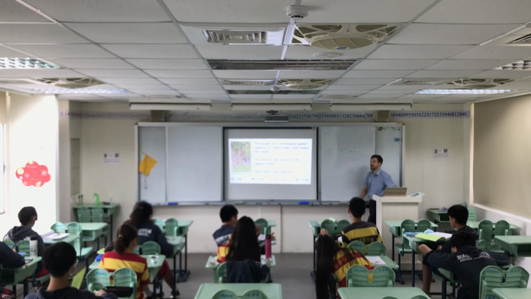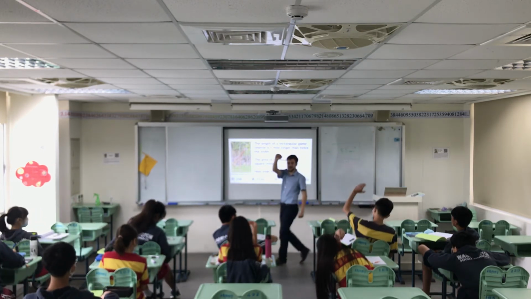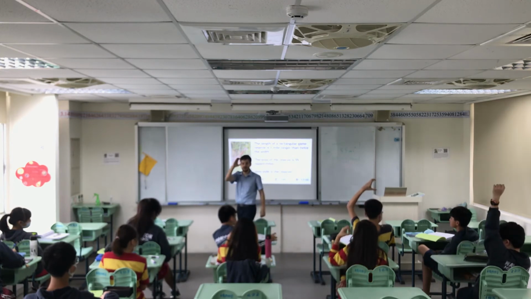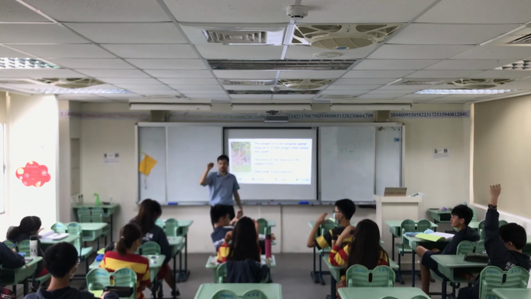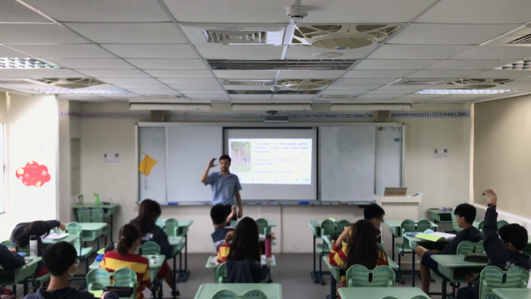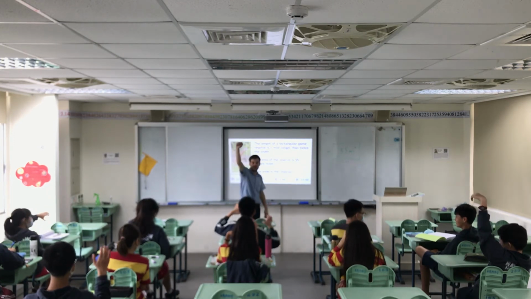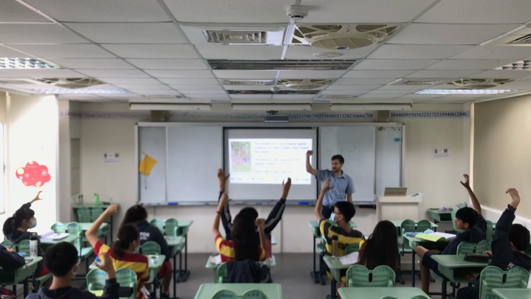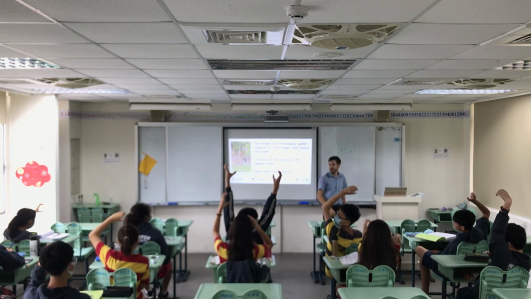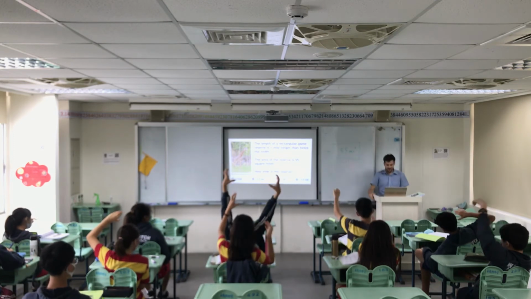All right, everybody, you know your letters. A, B, C, D. No E. Letters up. A, B, C, or D? Which one is it? I see C's and D's.